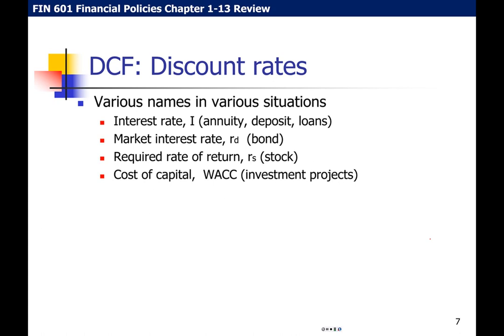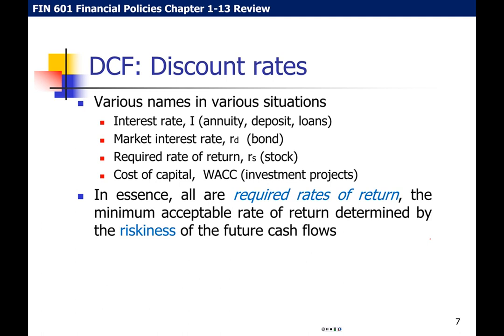Okay, and in essence, all of the above are required rates of return, right? We will be finding the rates based on the riskiness of the future cash flows. And for example, with the required rate of return of a stock, we use CAPM.